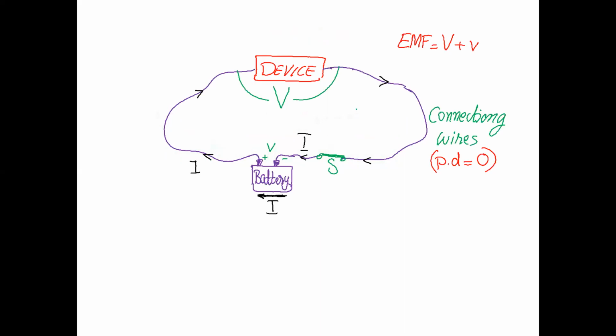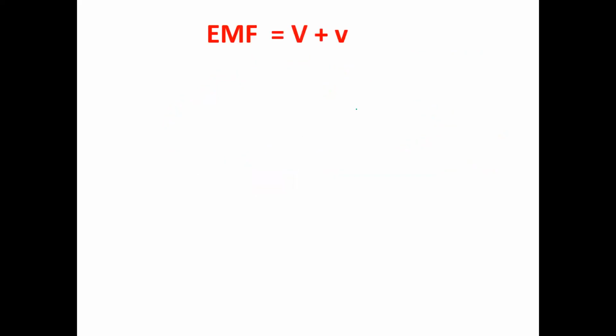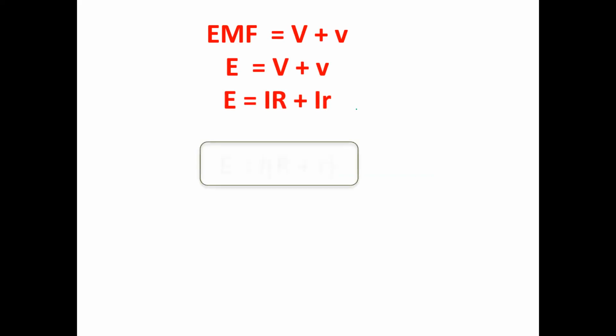Now look at this concept that normally for short wires, we ignore the potential difference on the wire. And now we have a small derivation. E is equal to V plus v. According to Ohm's law, E is equal to IR plus Ir.